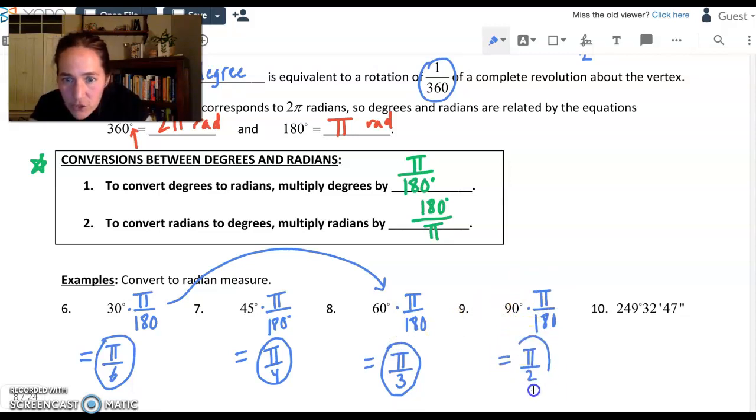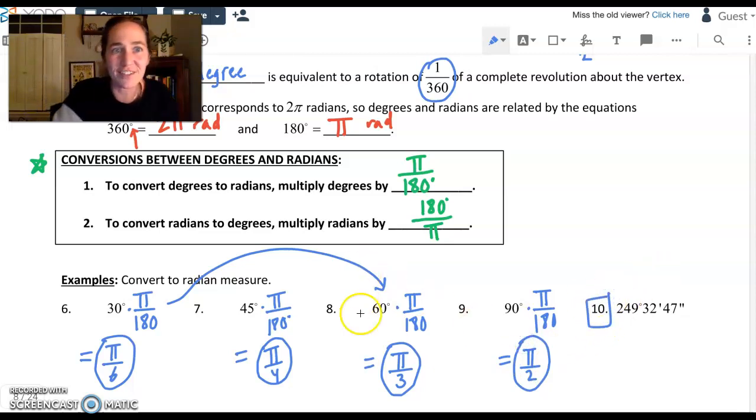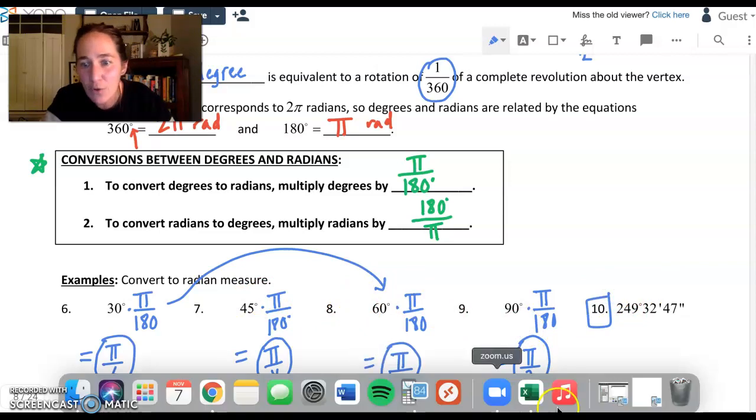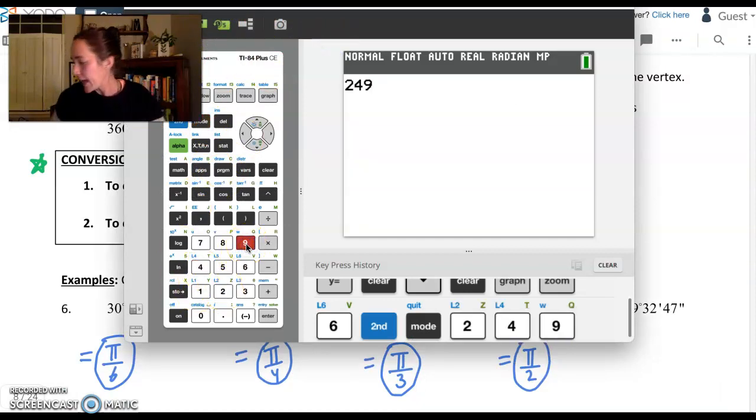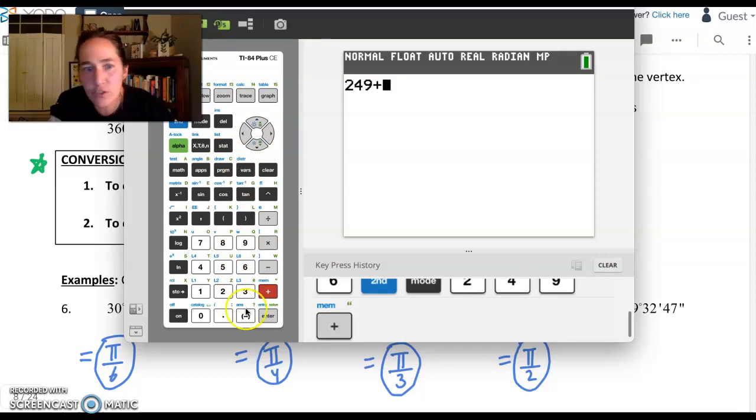And here's where I want to just grab a calculator. I see a degree measure that's in DMS, degrees, minutes, and seconds. So I'll reach to the calculator, and I'm going to multiply and use the pi key in my calculator too. So what was it? I think it was 249. And then if I don't want to go to those DMS keys, I can add that. I know that it was 32 minutes.